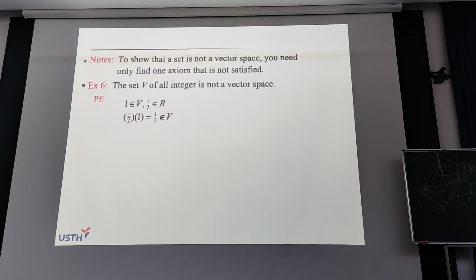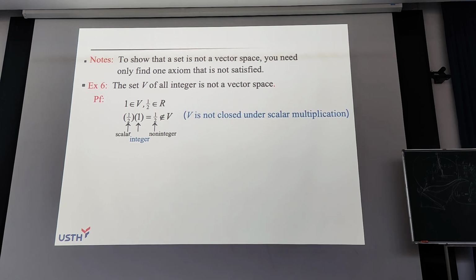Then if you open the 10 properties of a vector space, you see property number 6 is not satisfied. So that is the reason why I call your attention to property number 1 and property number 6. Please remember that. That shows you the set of odd integers is not a vector space, and it is explained by that.